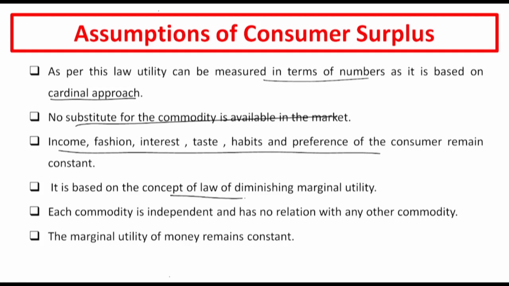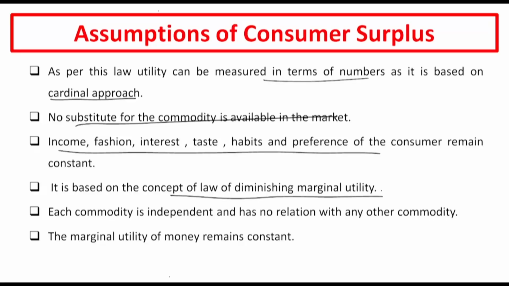Throughout the period of consumption, the liking, disliking, preference and taste of the consumer need to remain constant for this law to work. This law is based on the law of diminishing marginal utility. Why? Because as you consume more and more of the commodity, the utility derived from each successive unit goes on decreasing.